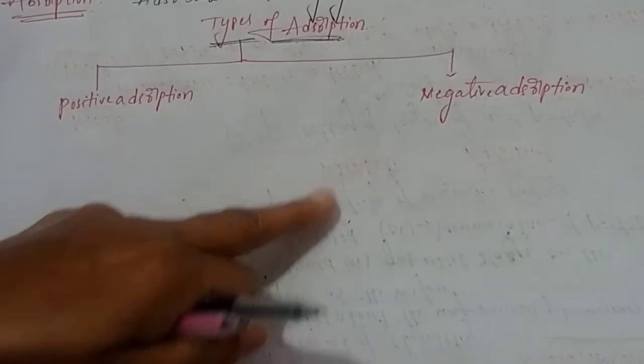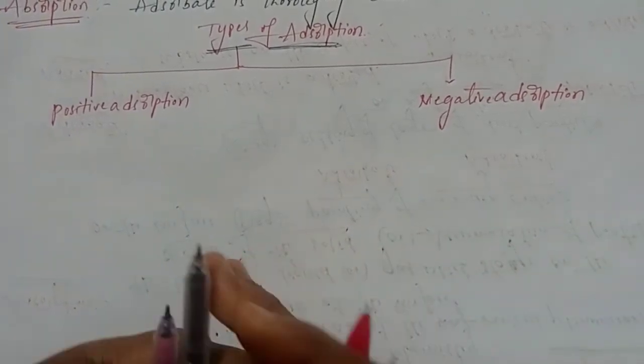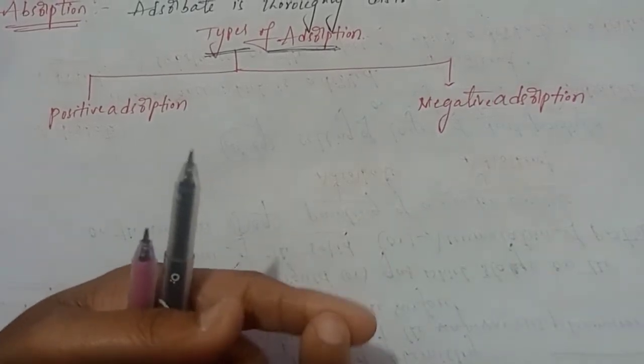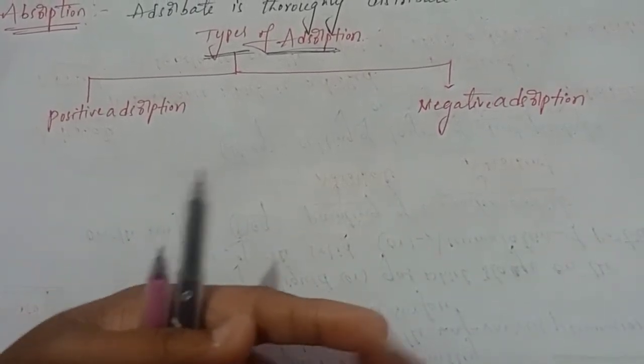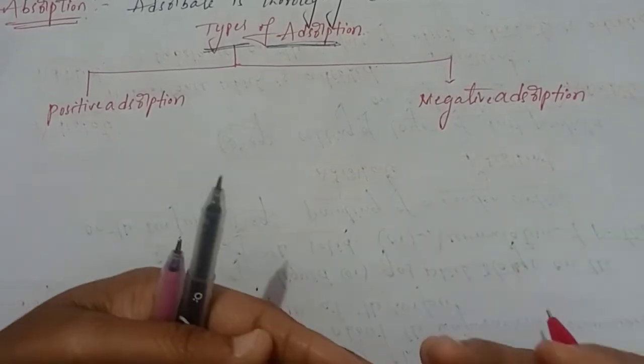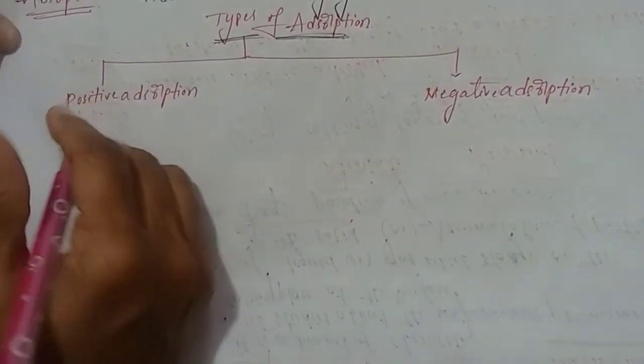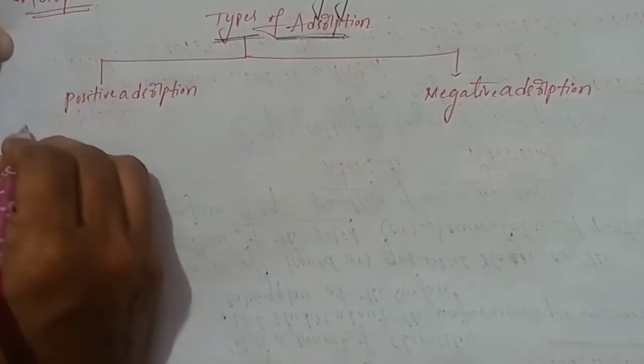See here, what is positive adsorption? Positive adsorption means when the concentration of adsorbate is higher on the surface than in the bulk or interior of the solid.